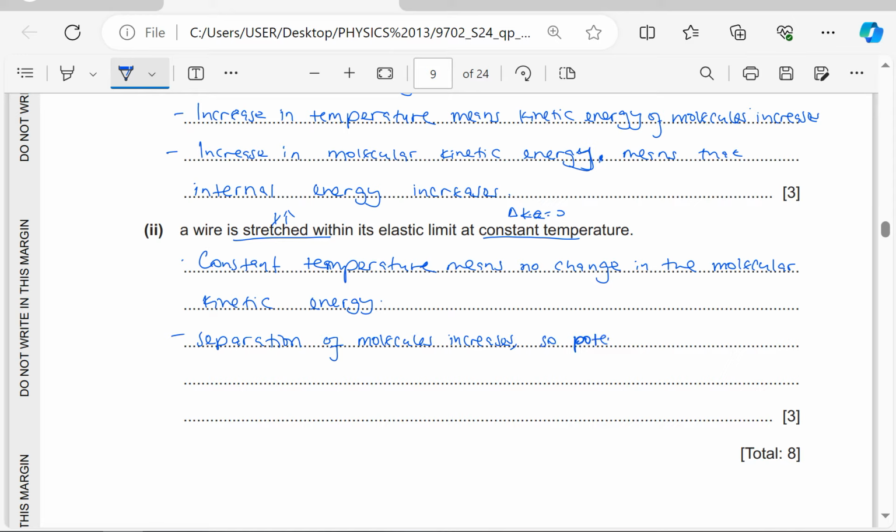So potential energy of molecules increases, and I will simply say the increase in molecular potential energy means an increase in internal energy. Internal energy increases.